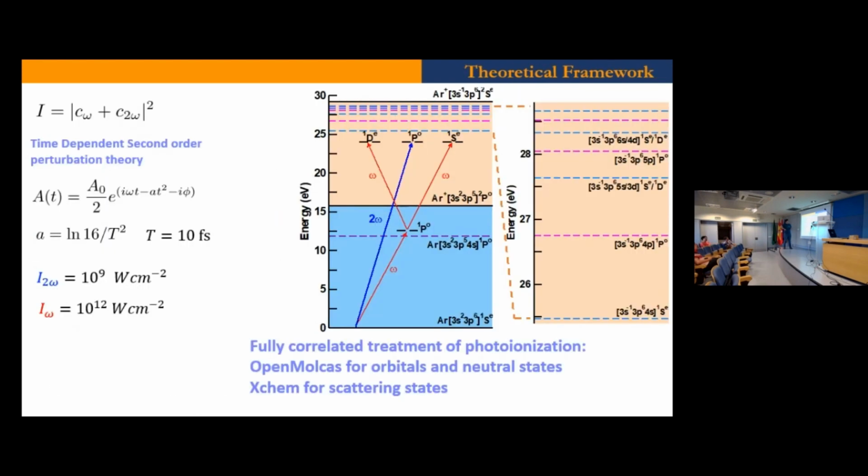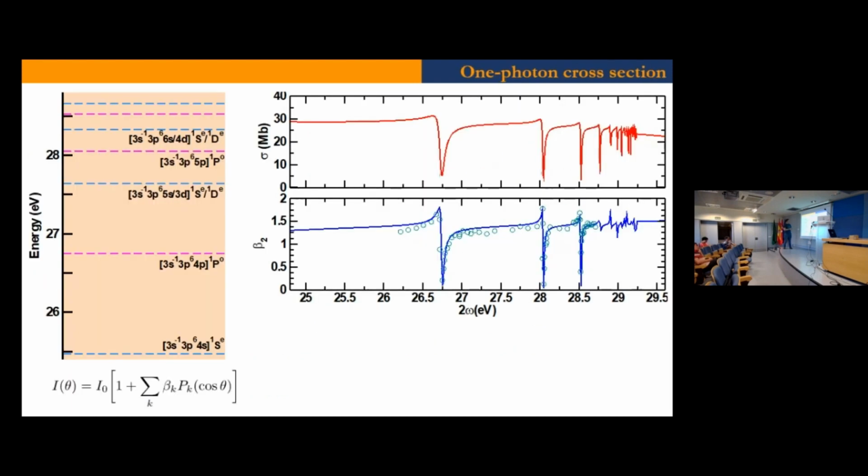Since with this technique, the 2 omega to omega, what we're going to do is probe the interference between these 2 quantum paths, it's natural that we look at the quantum paths separately to see what we can expect. So we did that.